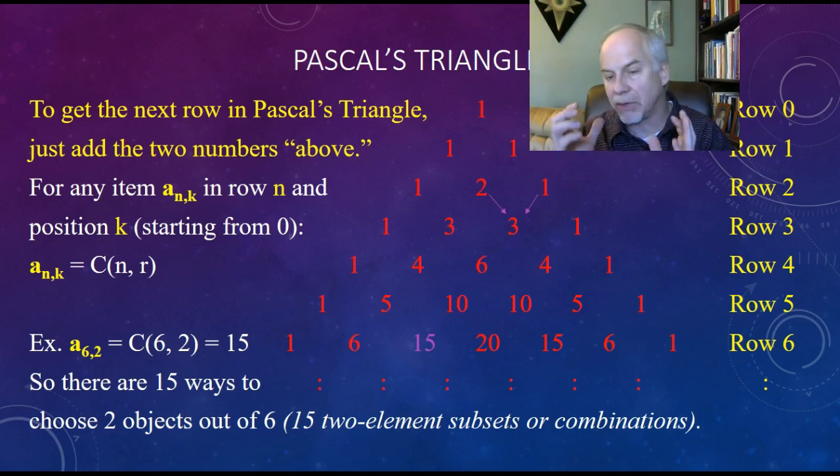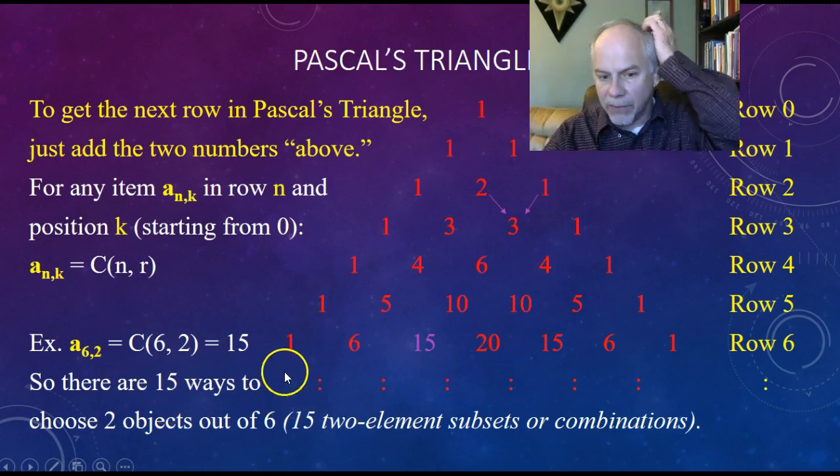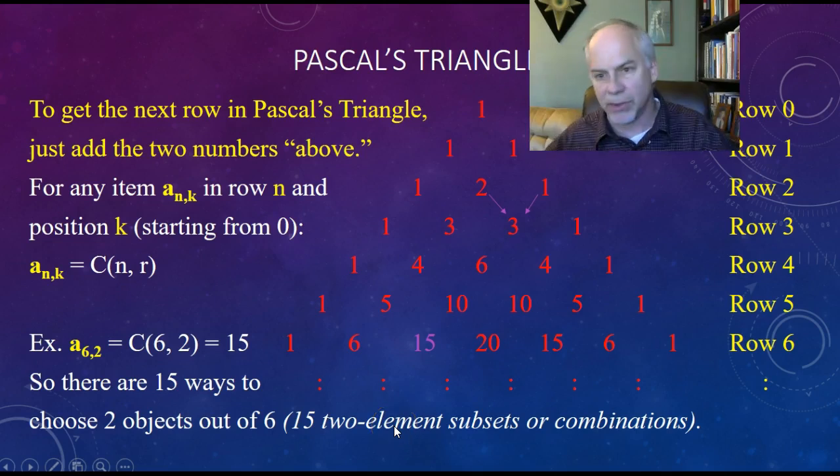So it's basically there are 15 2-element subsets or combinations when we choose 2 things out of 6. So that's an interesting fact that we can actually use Pascal's Triangle to do some of these calculations. If you wanted to carry it down higher and higher rows, we could basically do all the math problems involving combinations from Pascal's Triangle.